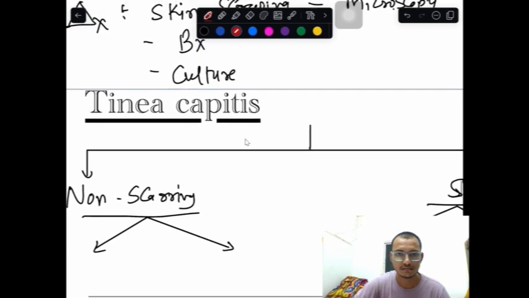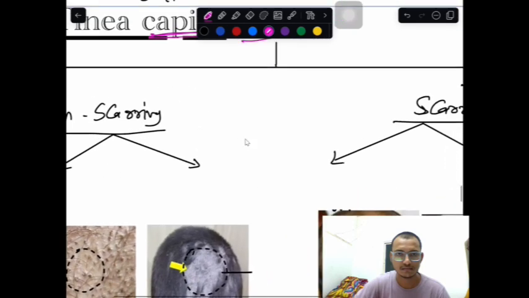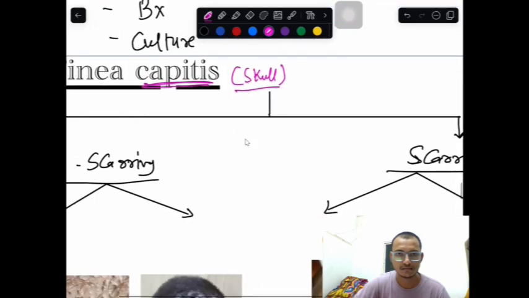But first we will learn tinea capitis, the most important topic of skin and microbiology. Tinea capitis, capitis means skull, the skull and hair area. They cause alopecia.